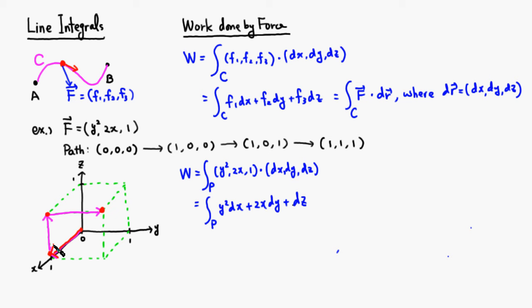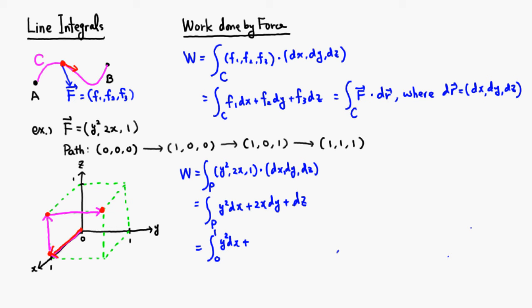Along this path, x is the only one changing, so dy and dz are 0. Only dx is changing, so you have the integral of y squared dx, with x going from 0 to 1.